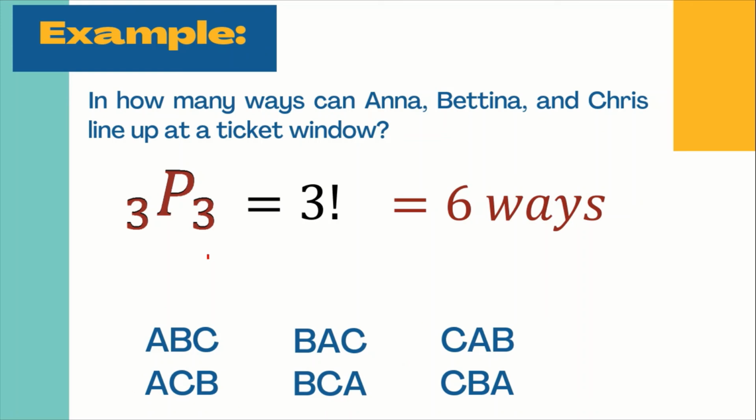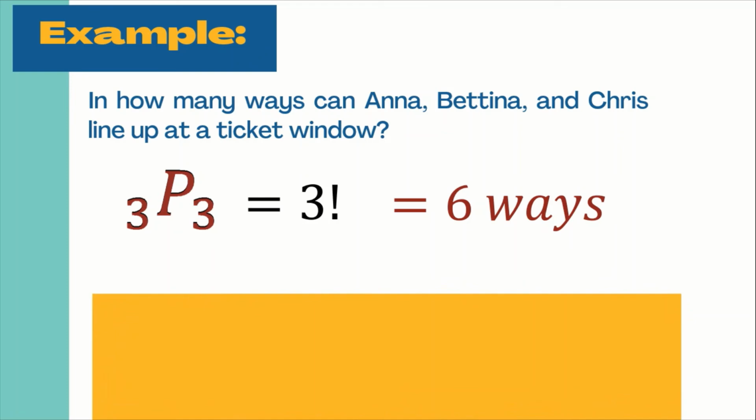So, from this example, pwede natin gamitin ang idea na if N is equal to R, pagpareho daw ang value ng N and R, then para mas mabilis ang solution natin, we have permutation of N taken N, and that is simply equal to N factorial.